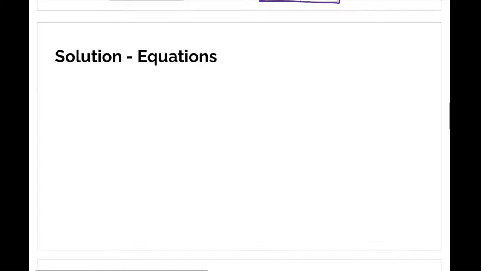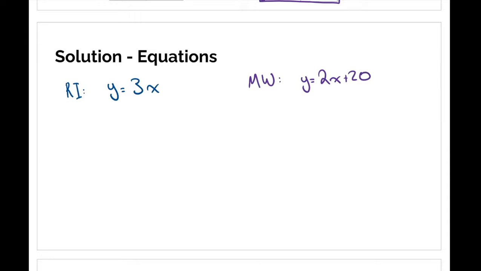Looking at the specific equations, so again, going back to Radical Island, we had y equals 3x. And looking at Mathematical World, we had y equals 2x plus 20. Now, when we look at just the equations, we may not be able to get the specifics, but we might be able to at least pick out some information. Looking at Mathematical World, we can see that it has a constant.